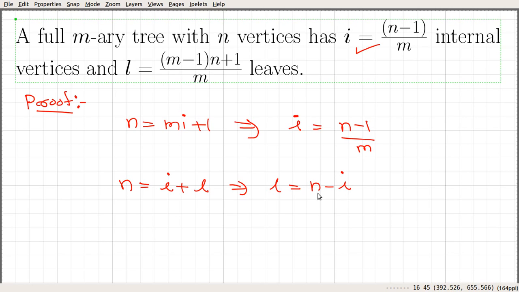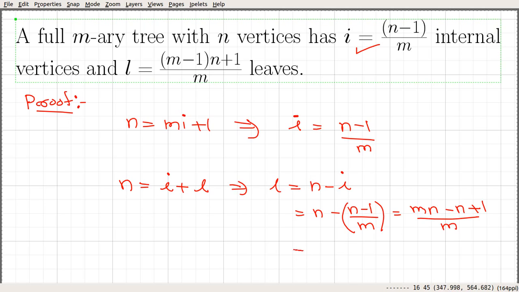So from this we can find the total number of leaves using this identity: n minus i. Let's substitute i here. We get n minus (n minus 1) divided by m, which is equal to (mn minus n plus 1) divided by m.